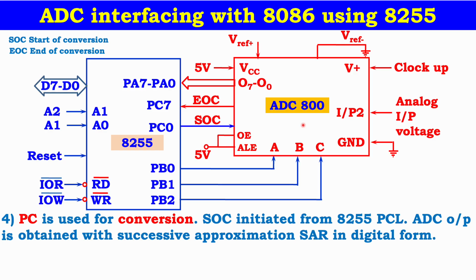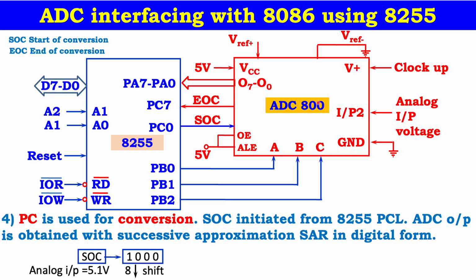Again, dear students, remember that the conversion is done by the ADC, not by the interfacing 8255. The 8255 will not do any conversion. Only the ADC IC will convert the analog input to digital. The 8255 is used to interface the 8086 computer and the ADC.